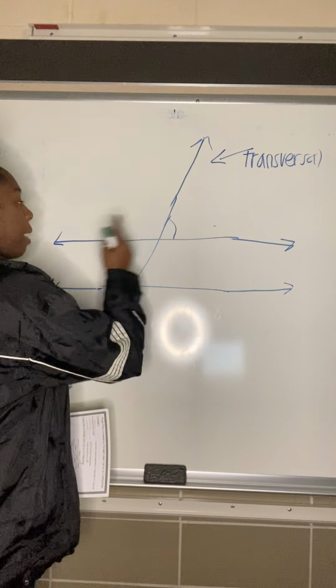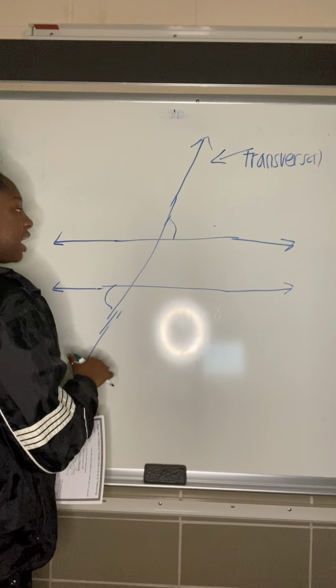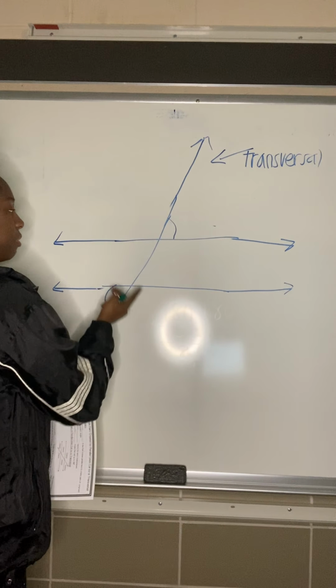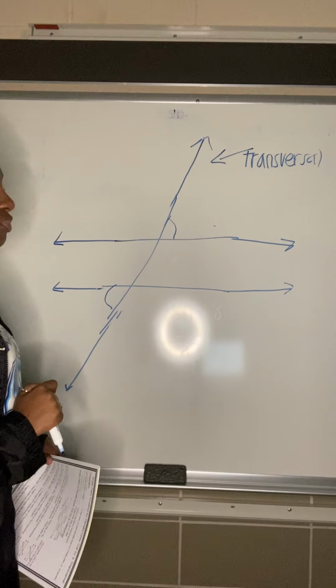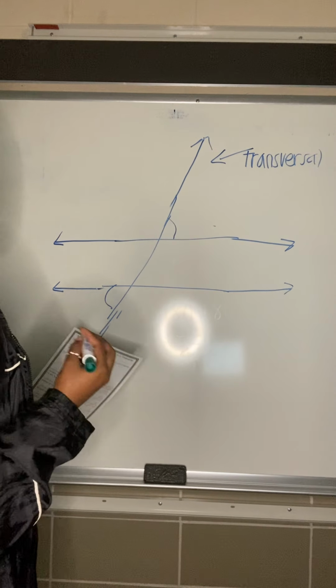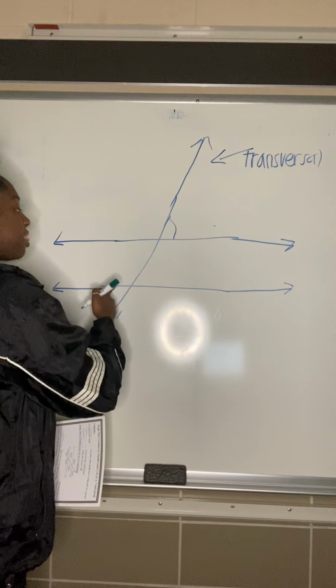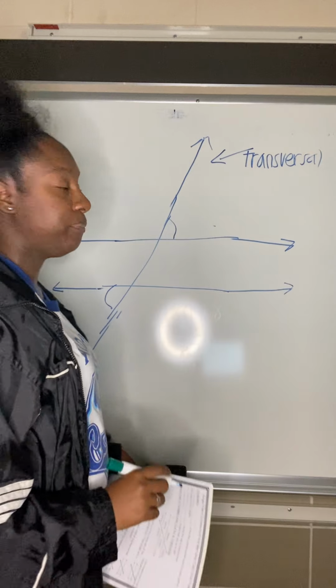So it's opposite sides of the transversal line, they're not on the same side of the line. And exterior means on the outside of the parallels. With those alternate exterior angles, you can look at them and tell those are also congruent, meaning that they are equal to each other. If this is 60, this is 60 as well, okay?